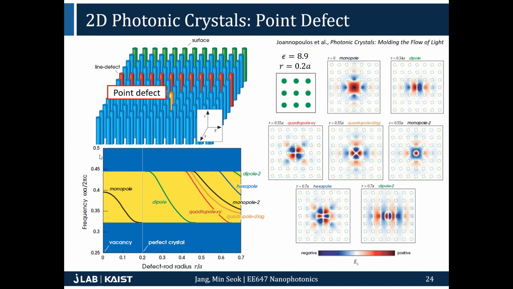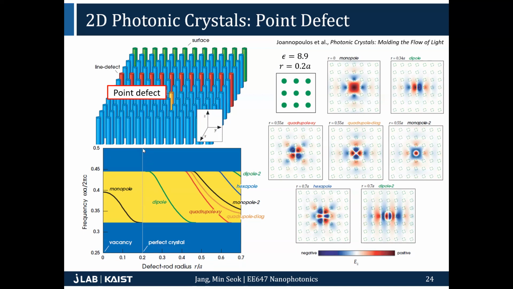This is the dispersion relation, the y-axis is the frequency, the blue region is where you have a propagating mode, and the yellow region is the band gap region. In the band gap, of course, there's no propagating mode. The x-axis is the defect rod radius. The original radius is 0.2a. So here is the perfect crystal.